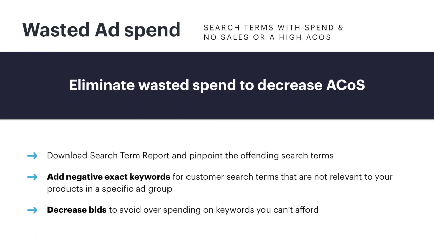And you're still getting a few sales, but not really enough to justify the cost or the expense to you. So rather than simply negating that keyword, you would want to go in there and decrease your bids to avoid overspending on keywords you can't afford.